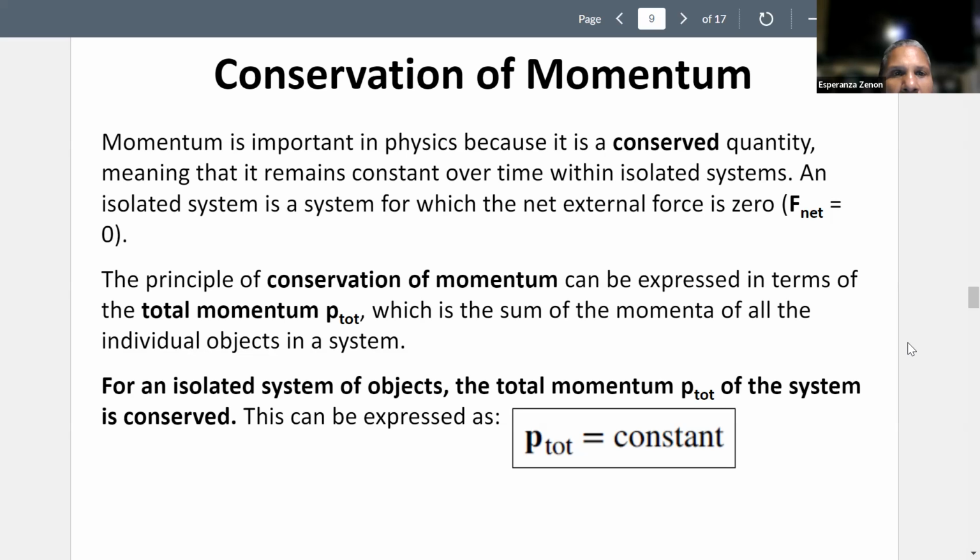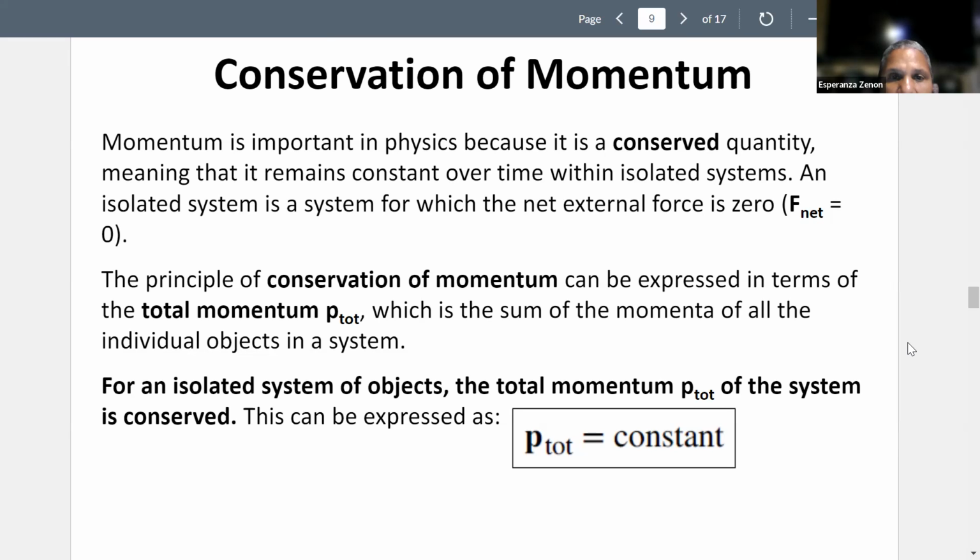When we say that momentum is conserved, it means that it remains constant over time if our system is isolated. For an isolated system, imagine we could put a group of objects in a bubble, and we can keep out all outside forces, meaning the net force is 0.